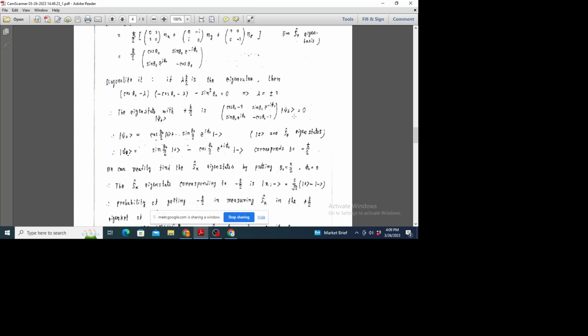We usually find the eigenvectors by inspection. So here also, by inspection, you will find that this linear combination is the eigenvector of S dot n with eigenvalue plus h cut by 2, where these plus and minus states are Sz eigenstates.